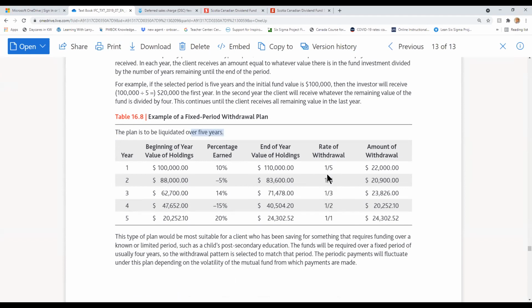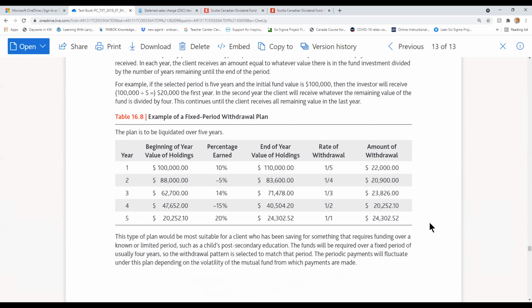That's the ratio. 1 divided by 5 is 0.2, that is 20%, so you take out 20%. 1 over 4 is 25%. Then 33.33%. Then 50% of the money. And then you take it all out, so at the end it's going to be 0. At the last year, you take the full amount out, and it's gone.